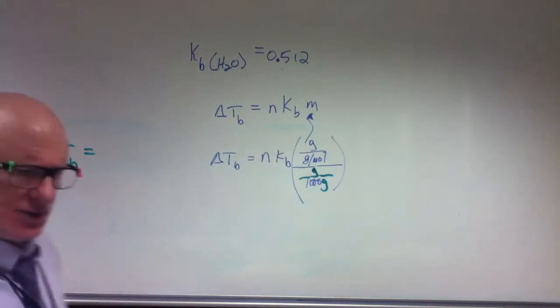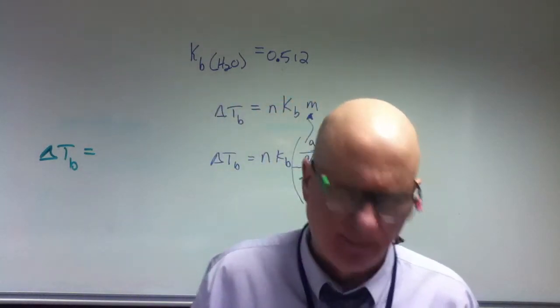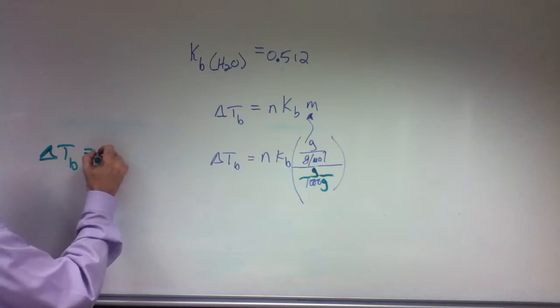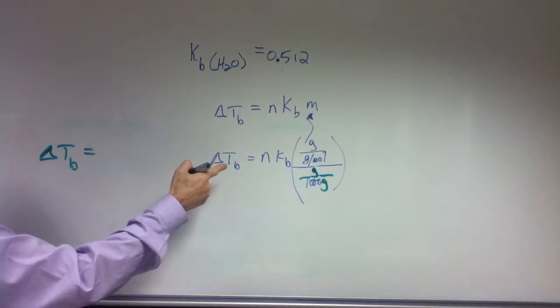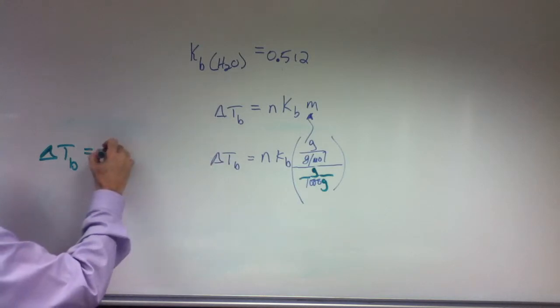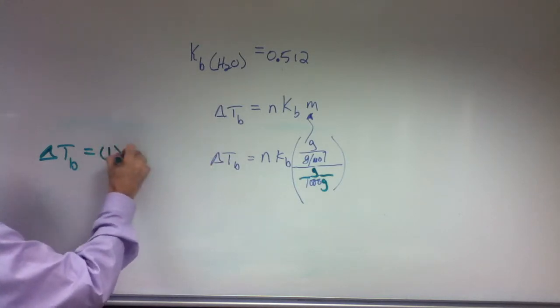And what do I need to do? I need to find the boiling point. So the change in boiling point will be n, which is what for glucose? 1, right?